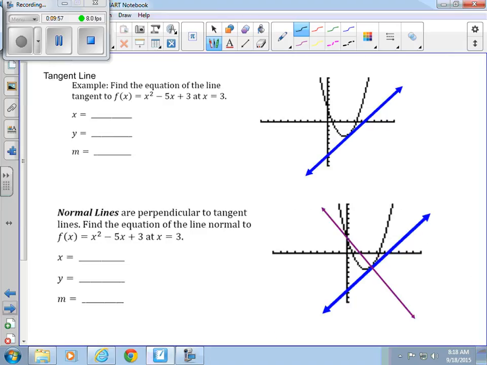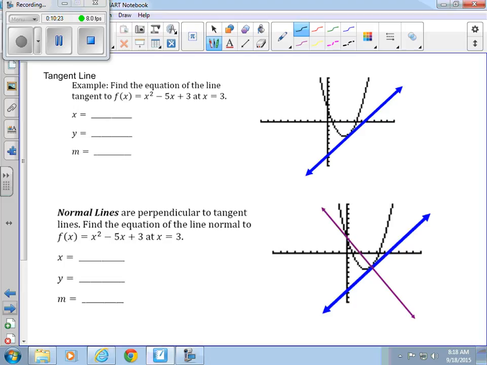So, example, find the equation of the line tangent to f of x equals x squared minus 5x plus 3 at x equals 3. Well, what are the things that I need for a tangent line? Or any line in general?